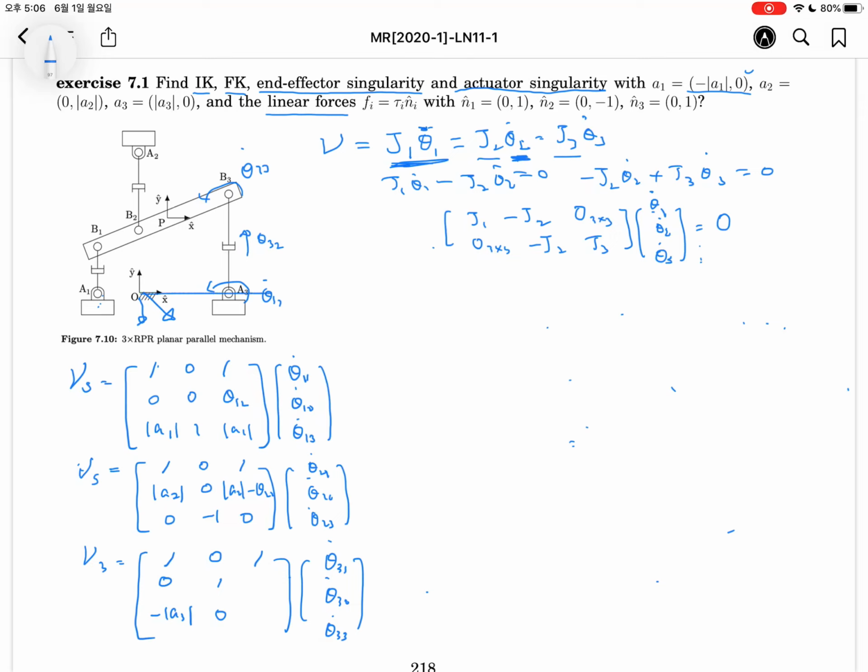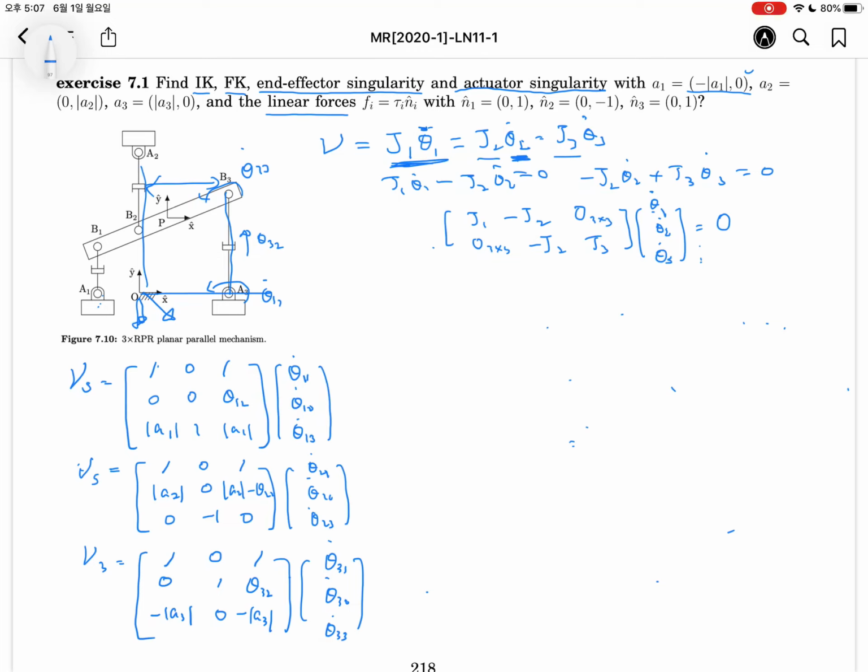Okay, so the x part will be dependent on theta 32. Theta 32 will be here, and minus y. This will be the square axis in the y direction, minus y. So minus a3.